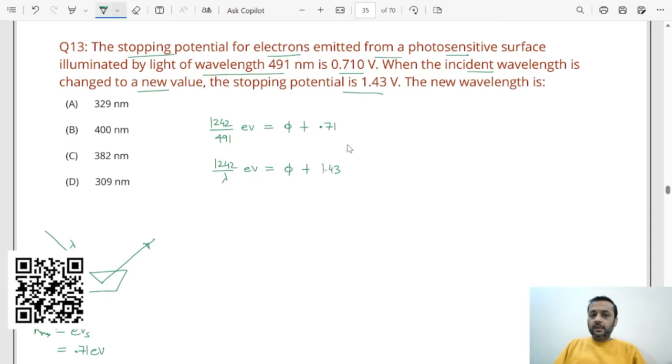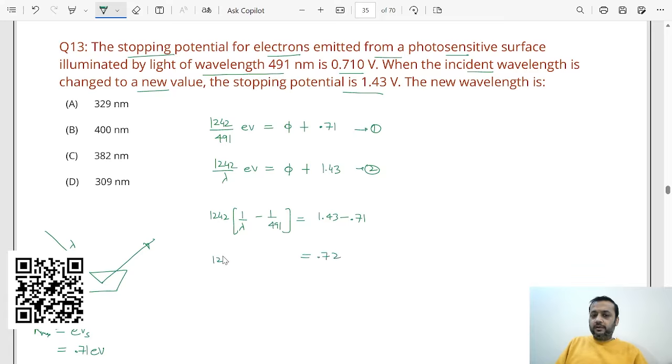All right. So now it's just simple math. From here, we can do equation 2 minus equation 1. If you do equation 2 minus equation 1, phi will get cancelled. We have to find the value of lambda. So 1242 times (1 by lambda minus 1 by 491) should equal 1.43 minus 0.71. Okay, so this RHS will become 0.72.